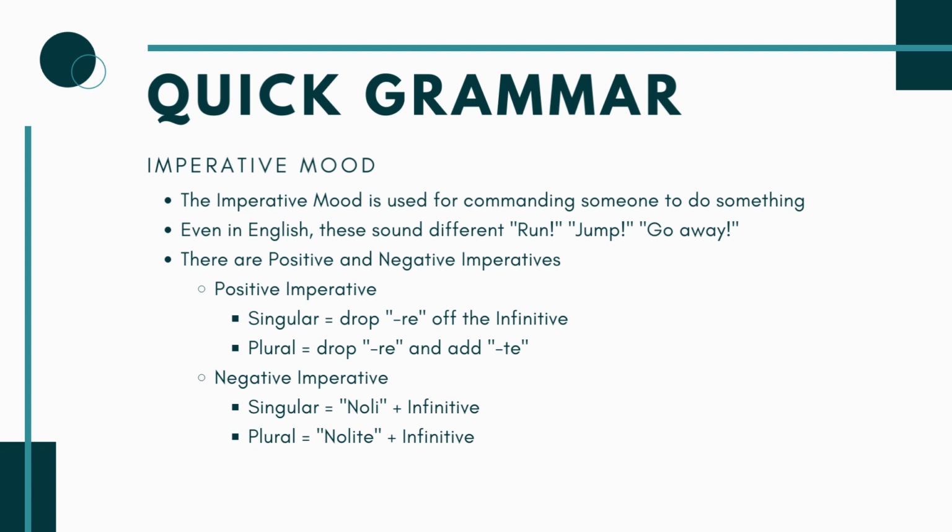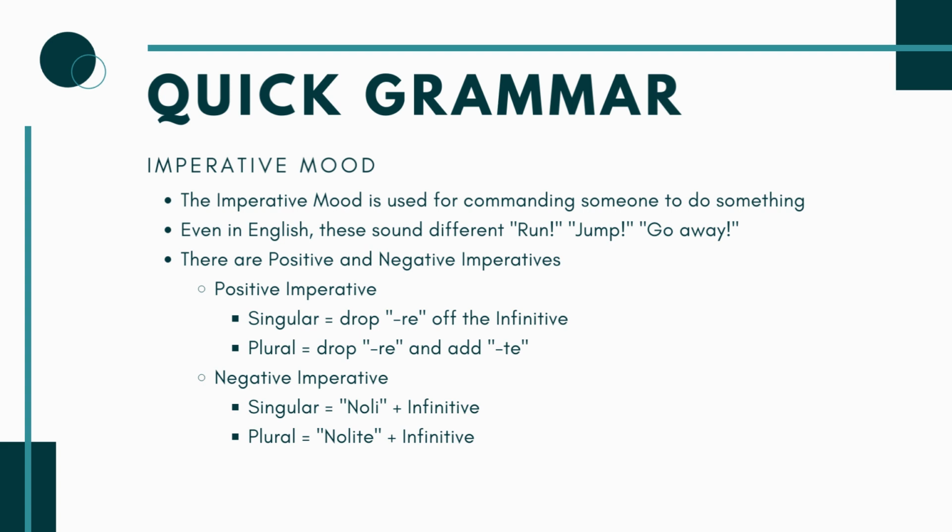For that, all you do is drop RE off the infinitive. So in other words, the present stem and our positive singular imperative are the exact same thing, right? Just drop the RE, add an exclamation point, and you have a Latin command. For the plural, a plural positive imperative would be if I'm telling more than one person to do something. For that, I drop the RE and I add a TE, right? That's the only difference, okay?